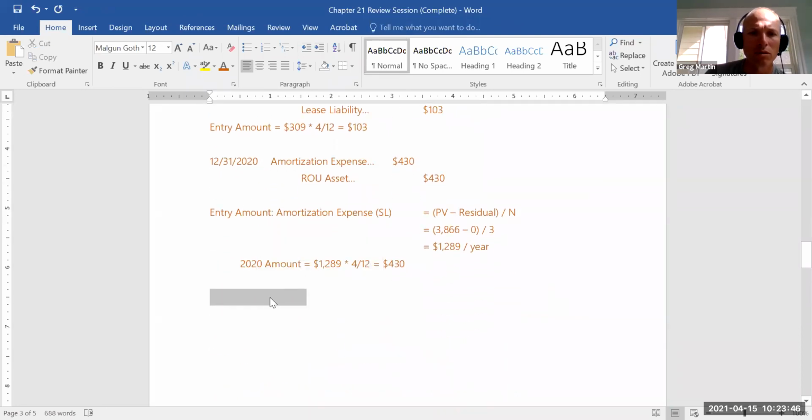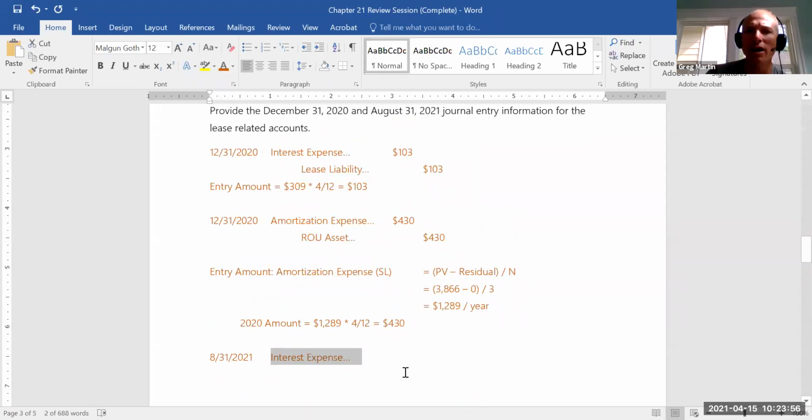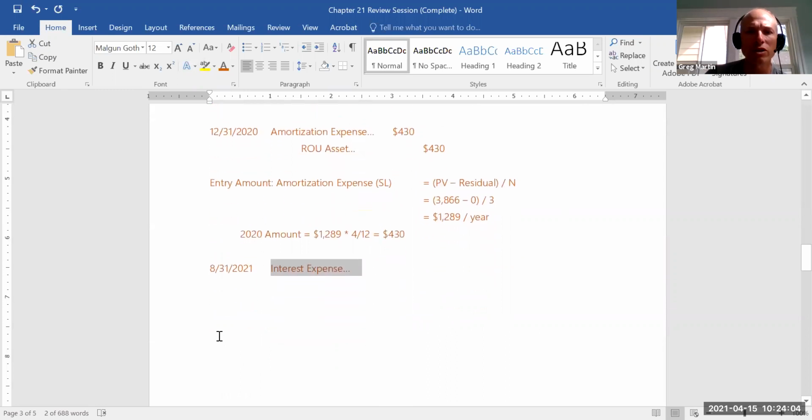All right, so when we record that payment, the first thing we have to note is that there is additional interest expense. And the reason why is because time has passed. The last time we recorded interest expense was 12/31/2020. It's now 8 months later. And so we've had additional 8 months of interest. And so we're doing our calculations.